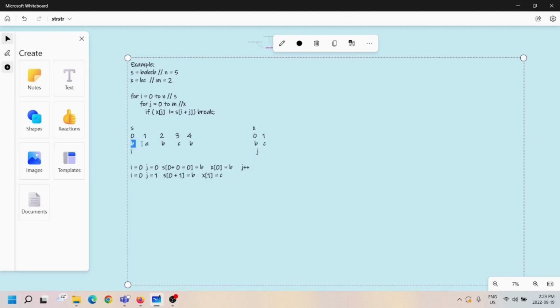We want to take the chunk of 2 letters in one go. When I is 0, then it can access the 0th location value of S as well as the first location value of S. So the first location value is A, and we're not matching. Since we're not matching, we're going to break.